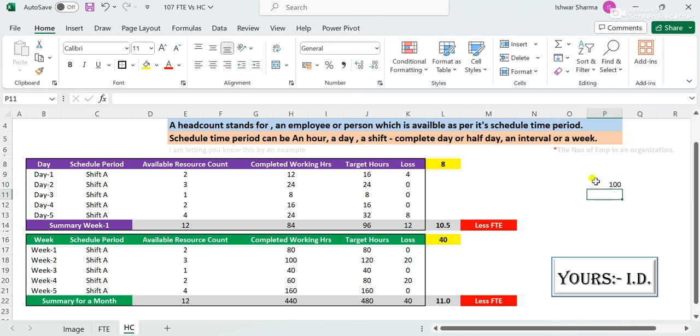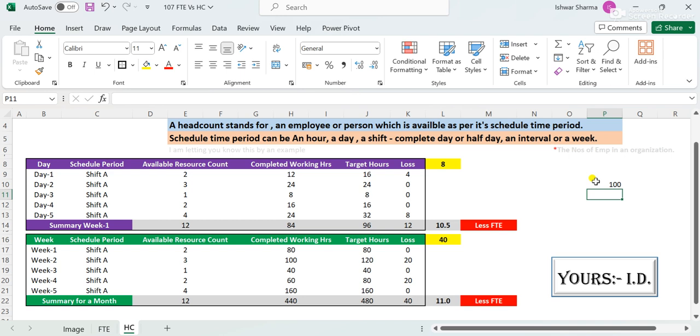The company will not put only 100 employees against 100 FT, because they will have some shrinkage. Some employees will have leave plans, personal leave, casual leave, whatever types of leaves there are. You can see the types of shrinkage and attrition in my other video.